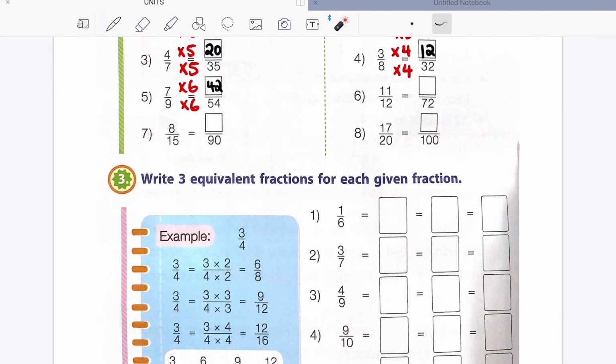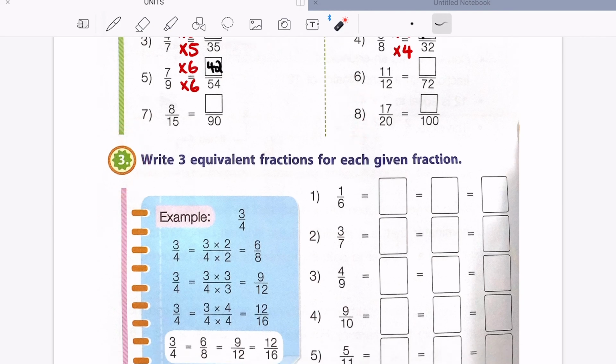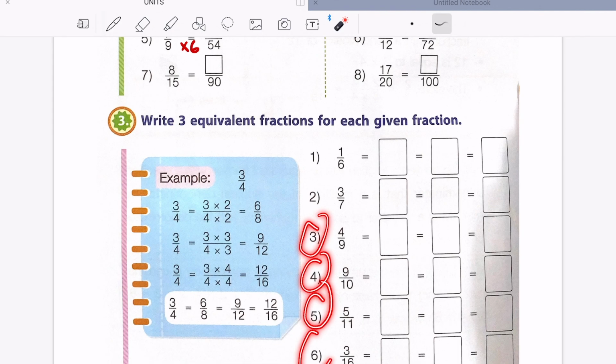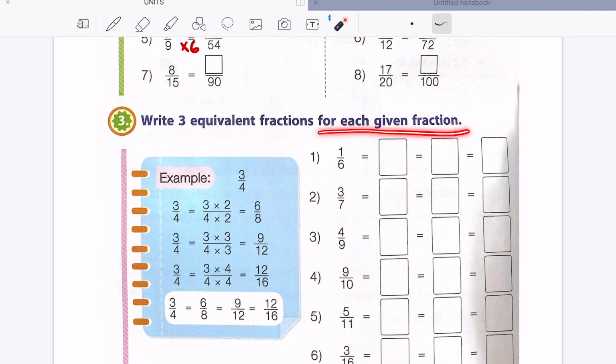So for classwork and homework, I want you to try number 6, 7, 8, and also part 3. For this one, you're going to write 3 equivalent fractions for each given fraction.